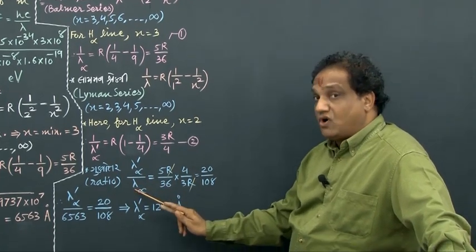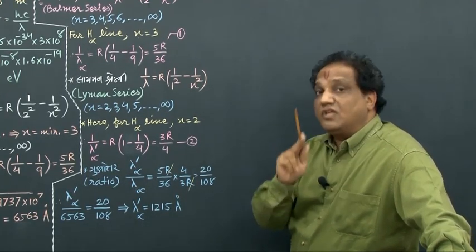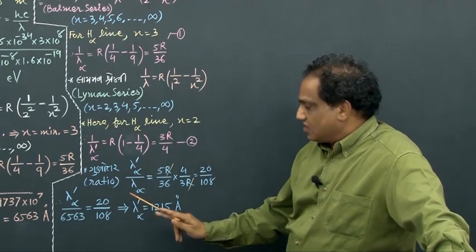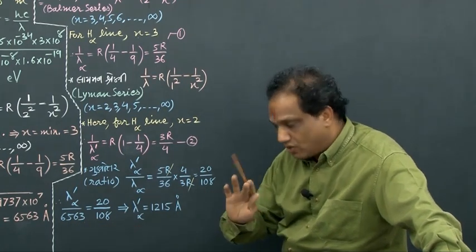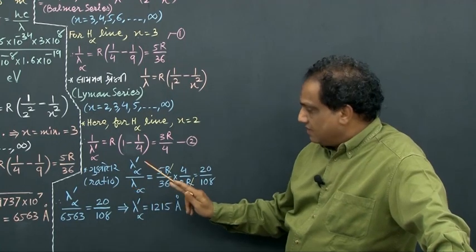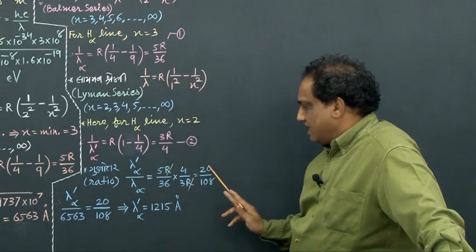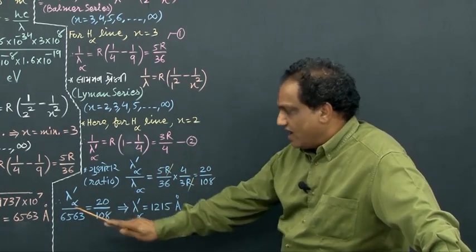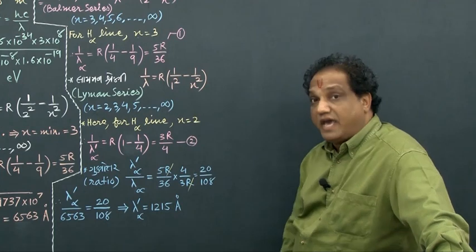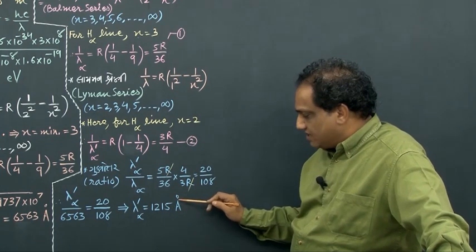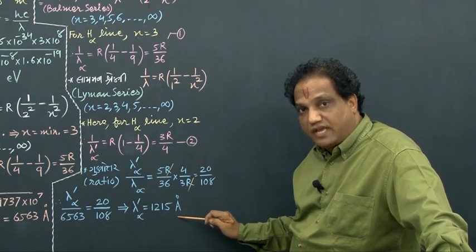Now this lambda alpha is the wavelength of the H alpha spectral line in case of Balmer series. They have given in the statement 6563 angstrom. If you put this value in angstrom, naturally this also will be obtained in angstrom. The right hand side is 20 upon 108 as it is. Find out lambda alpha dash. Answer is 1215 angstrom. You must put this empty circle exactly at the center, not on the right hand side. This is the correct symbol for showing angstrom.